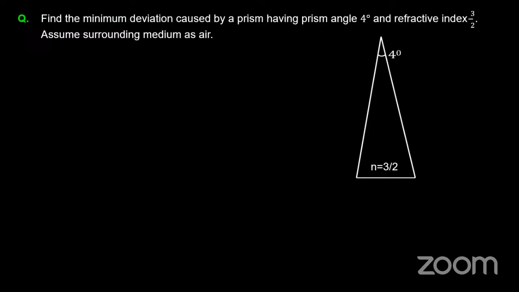Now I'll solve it. This question says, find the minimum deviation caused by the prism having prism angle 4 degrees and refractive index 3 by 2. Very simple. We know the minimum angle of deviation formula, which we've found out.